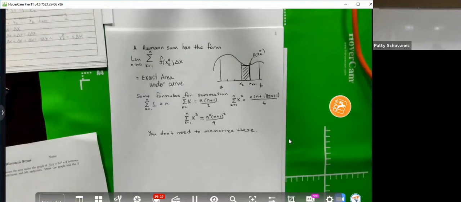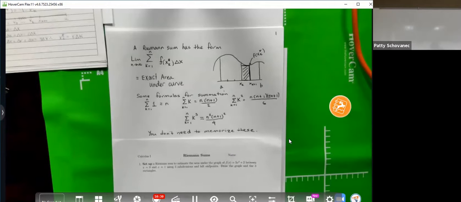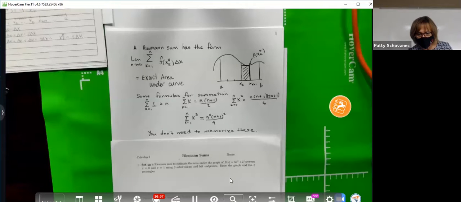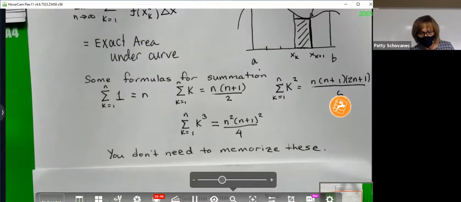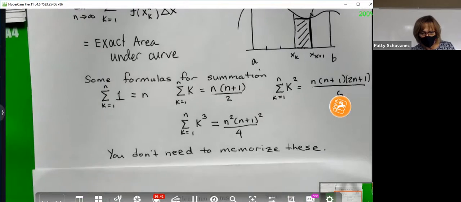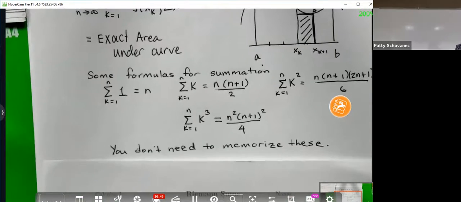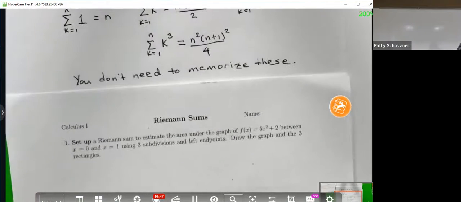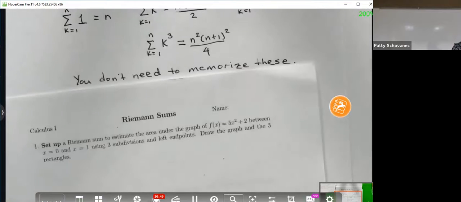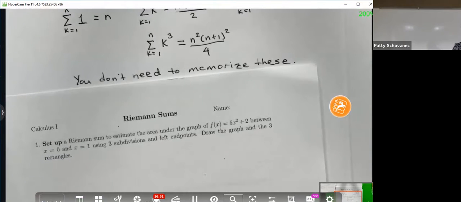Okay, so here's the problem. I want you to draw the graph of y is equal to 5x squared plus 2. That's a parabola that opens upward.